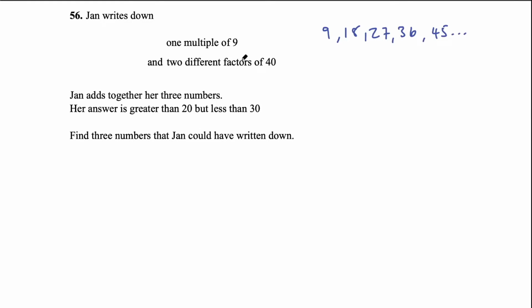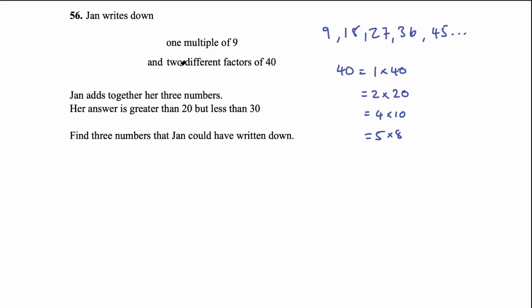And then 2 factors of 40. Factors of 40, well, 40 could equal 1 times 40, 2 times 20, 3 doesn't go, 4 times 10, 5 times 8, 6 and 7 don't go. So that's all the factors of 40.